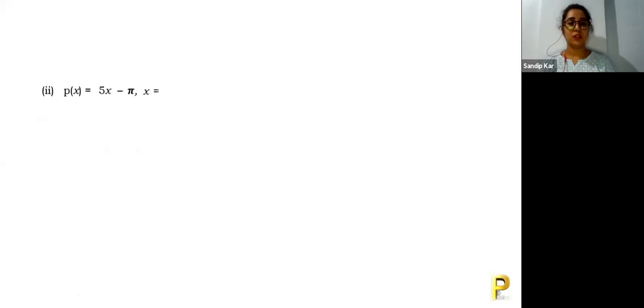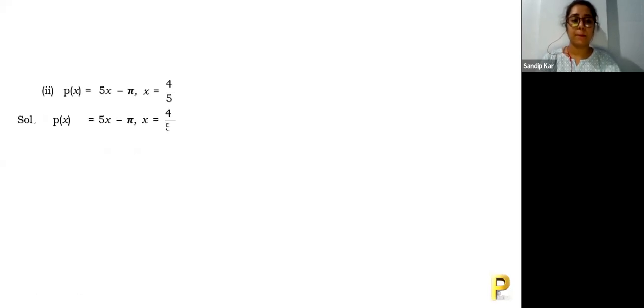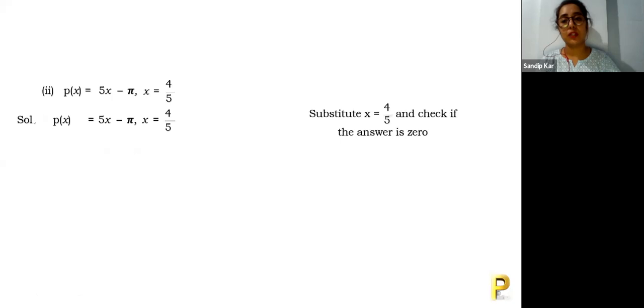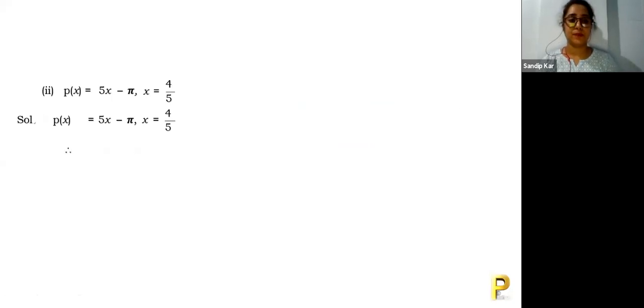P of x is equal to 5x minus pi. x is equal to 4 by 5. So simply what you do, again, put 4 by 5 in place of x. So 5x, substitute 4 by 5 in place of x. So P of 4 by 5 is equal to 5 into 4 by 5.